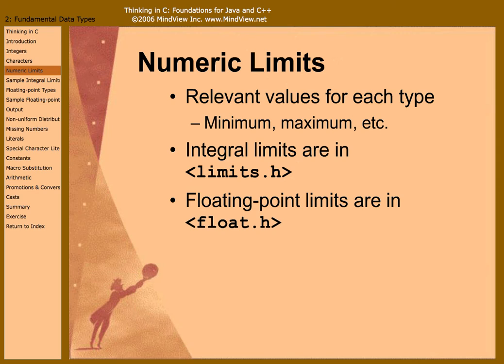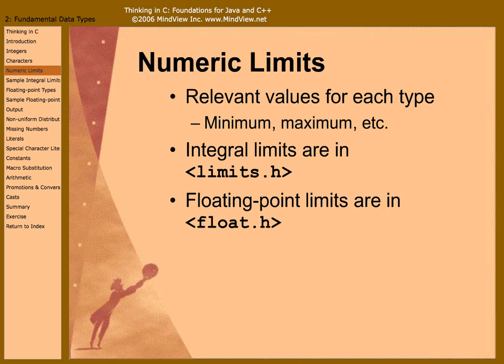You might find it a little disconcerting, or at the very least frustrating, that I haven't really talked about what the range of the numeric types are, because you can't. They're different for different systems, and that can be kind of troublesome. You know, you want to write programs that can run on different systems. You want portability. C is supposed to be a portable language, and to some degree it is.